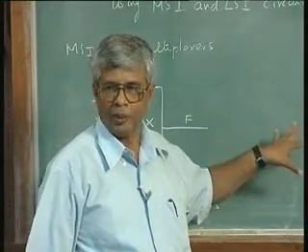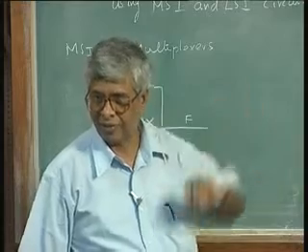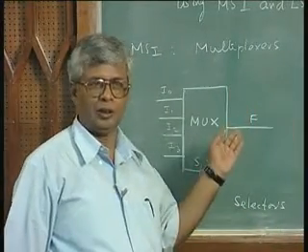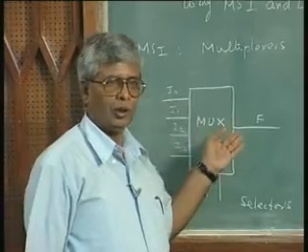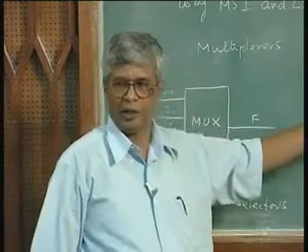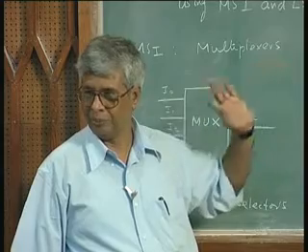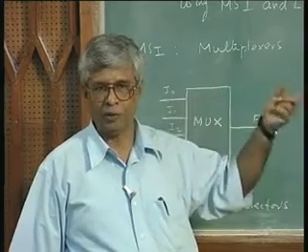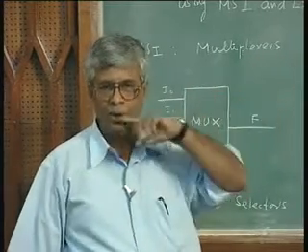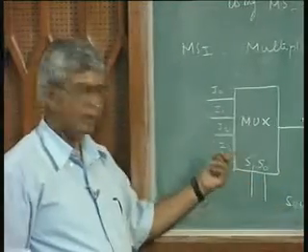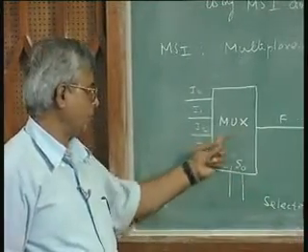Of course, I am making the problem too trivial, but just to give you an idea. I have 4 subscribers in this town and 4 other subscribers in the other town, and only one person can talk at a time. So I have only one line coming from this town to the other. Depending on which person is dialing, that person will have a code and that signal will go through.